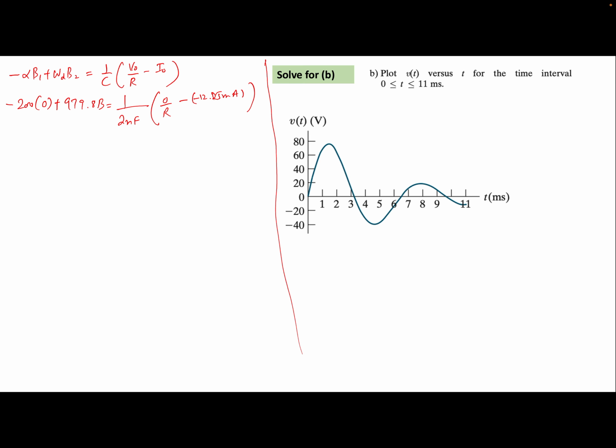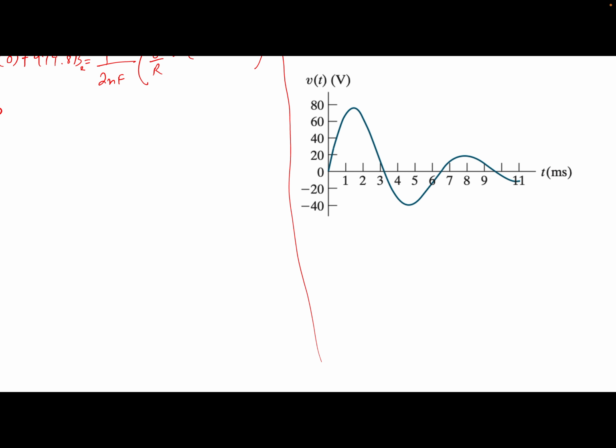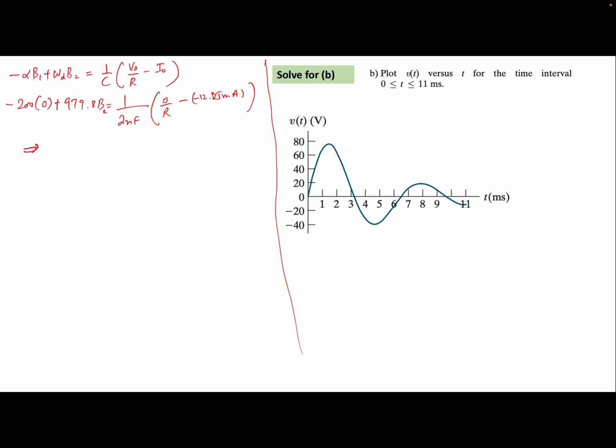If you were to solve this, the value of b2 is going to come out to be 100 volts. So the value of b2 is 100 volts and the value of b1 is 0 volts.